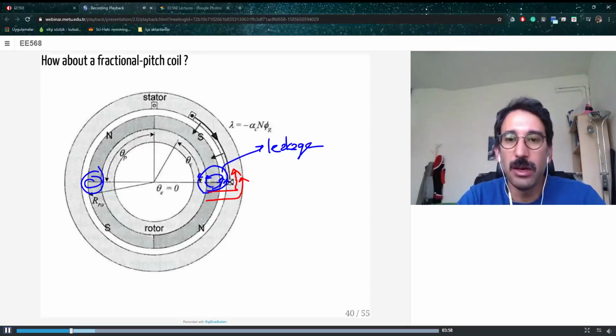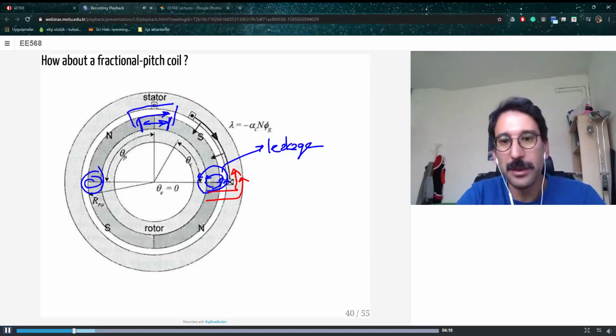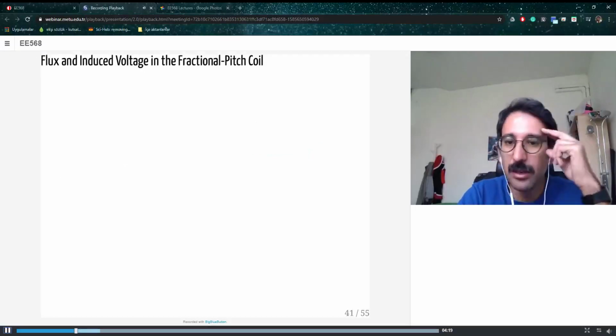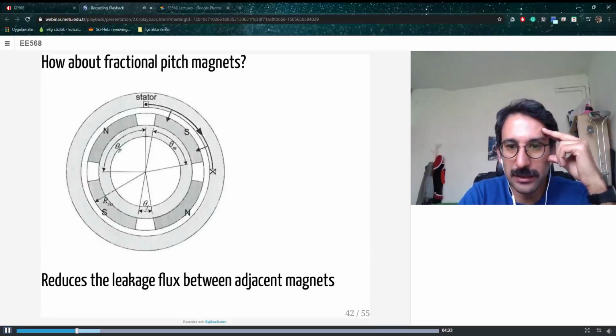leakage flux. One way to reduce the leakage is to increase the distance between the permanent magnets, so it will be easier for flux to travel through the air gap compared to passing through the adjacent magnet. That is the main aim of using a shorter pitch magnet, like in this case.